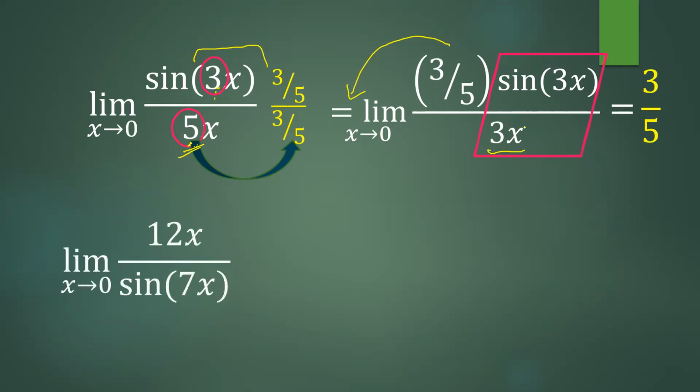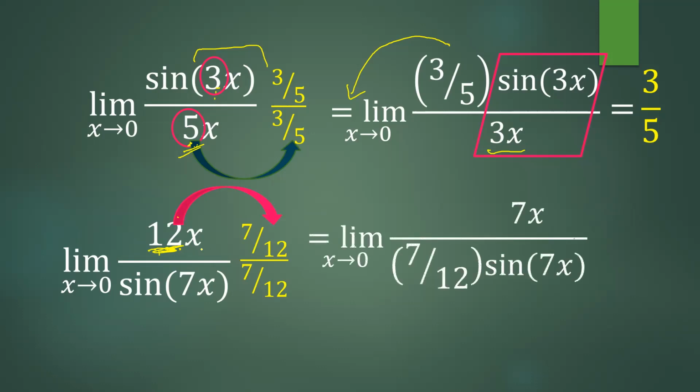Let's see if we can establish a shortcut. We have 12x over sine 7x. We said the one without the sine function is the one that will adjust. So we multiply this by 7 over 12. We want to turn this into a 7 and at the same time get rid of 12. So we multiply by 7 over 12. We do the same thing on the denominator so we're not changing the value of the given. Okay. So if we apply multiplication, the 12 will cancel out.